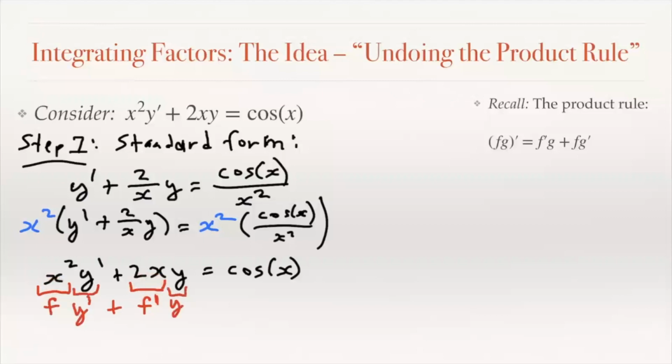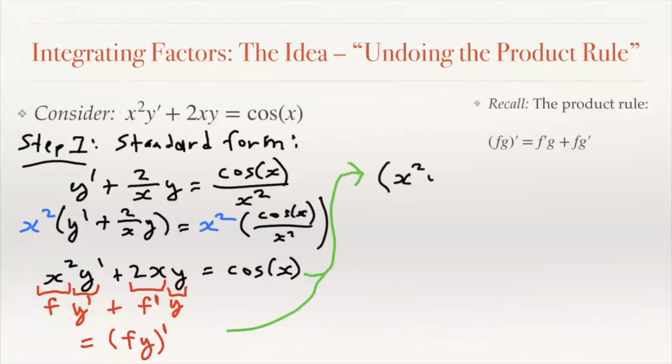Okay, but that looks like a product rule has been applied, and we can undo the product rule. So that left-hand side is the same as x squared y all prime is equal to cosine of x. So that's our f y all prime.